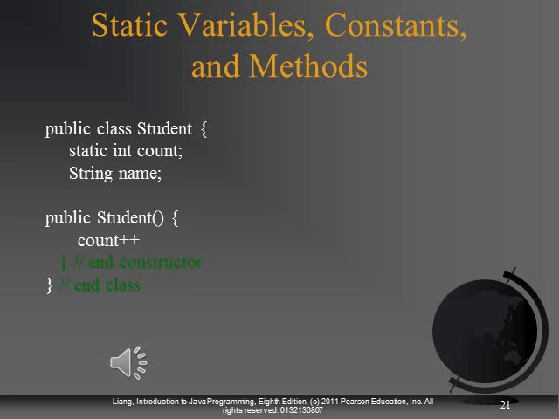Static variables are shared by all instances of the class. In this example, count does not belong to any one instance of the class Student. It is being used to keep a count of the number of Student instances created. So the keyword static makes a variable or a method, more correctly, a class variable or a class method.